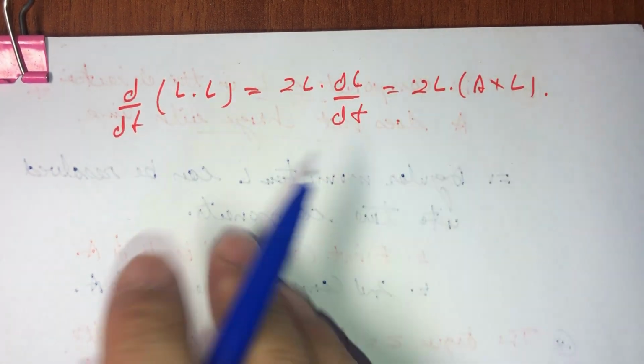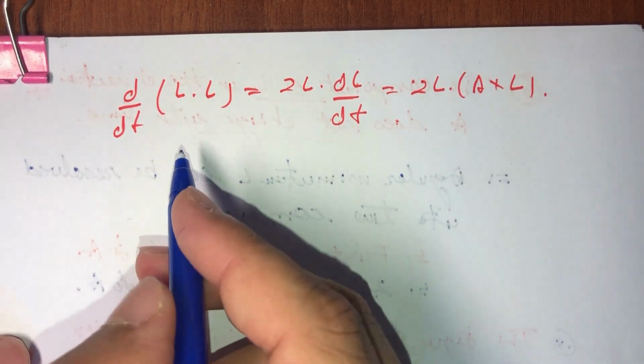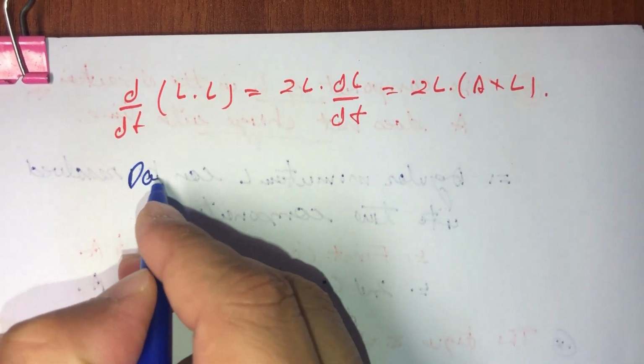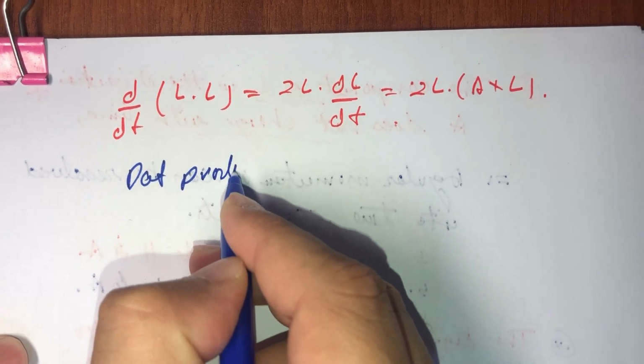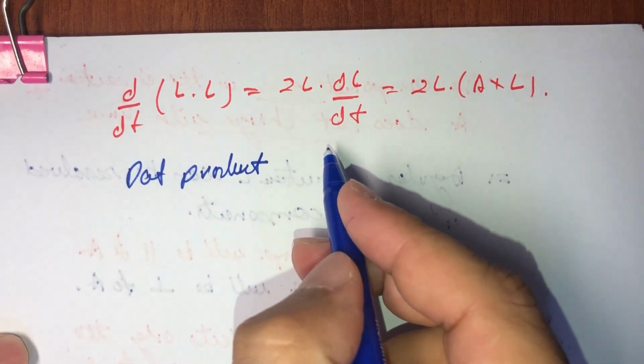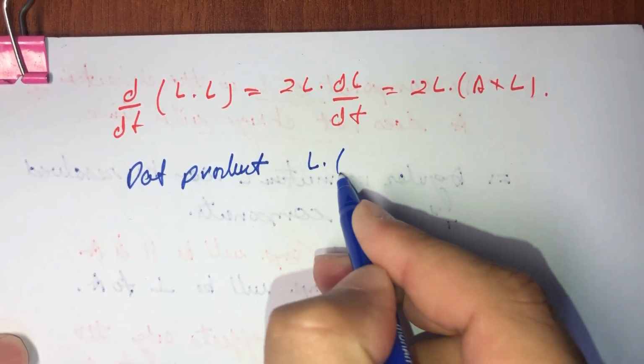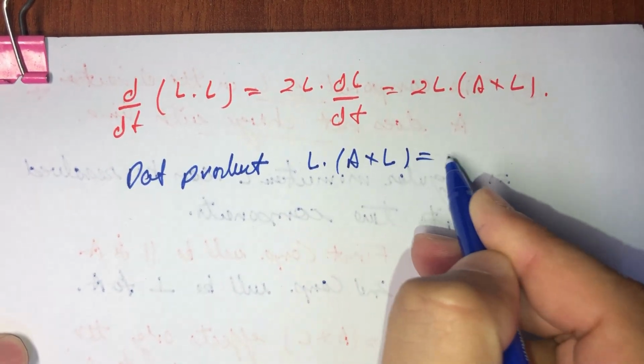So we can just write it separately: the dot product of L into A cross L.